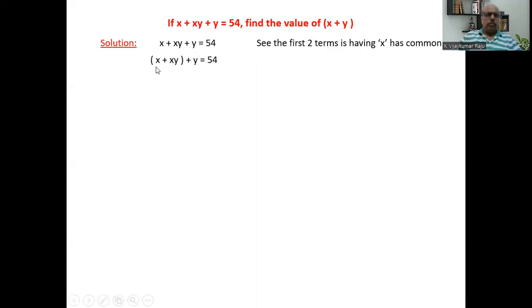When you take out x from the first two terms, what will be there? You will be getting x(1 plus y) plus y is equal to 54.